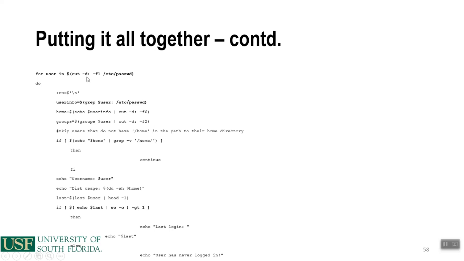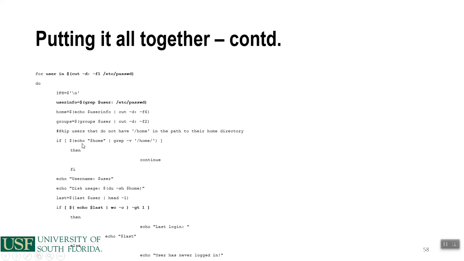So for the user in this particular file, and we're actually cutting out the first field, do this. So we're going to add in a new line, and we're going to go ahead and start to assign variables. So the home is equal to the user info, and we're cutting from that file, and we're going to start to skip those users that don't have home in the path to their home directory.